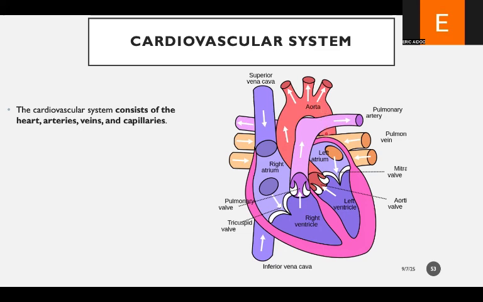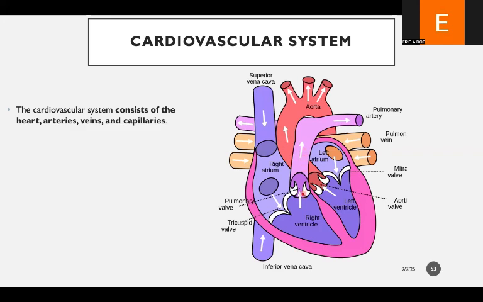Then, as part of the blood vessels also, we look at the pulmonary artery, and it will branch into two and go to the lungs for replenishment, because this will be carrying less oxygenated blood, okay?